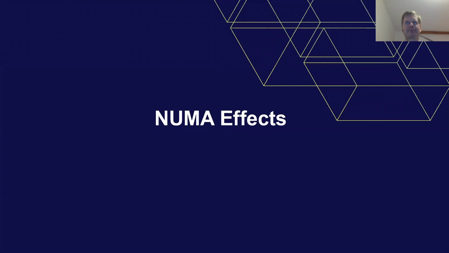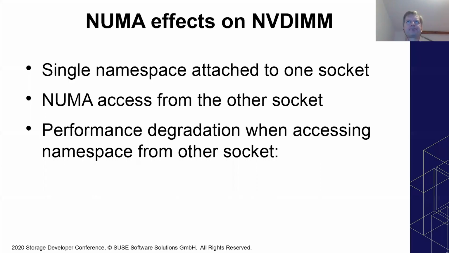The other thing I've seen during testing was that the setup I had was quite susceptible to NUMA effects. As I've laid out earlier on, I used NV-DIMMs for the cache device. In this case, the NV-DIMM was a single namespace, which, on account of being a single namespace, was attached to one socket of the system.